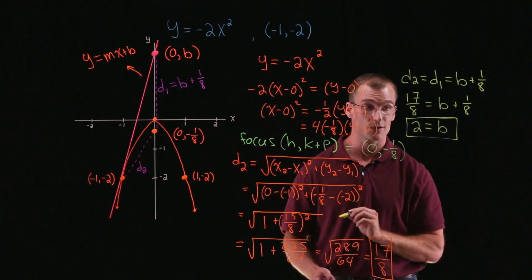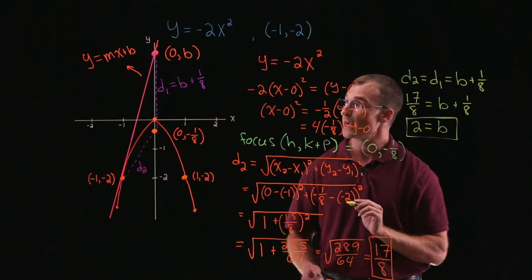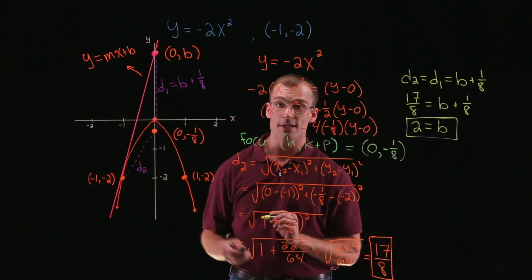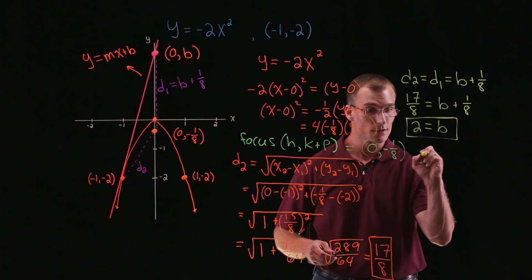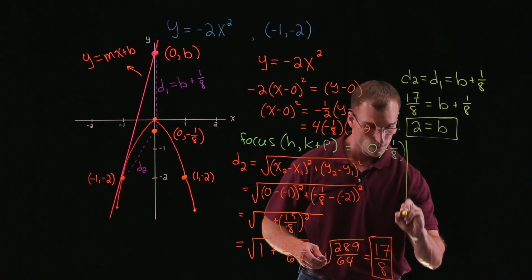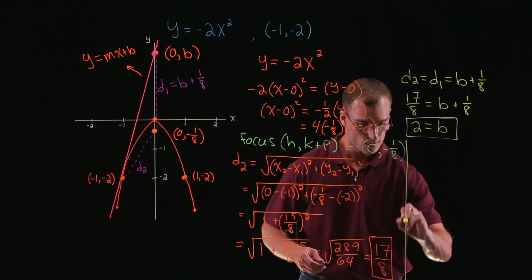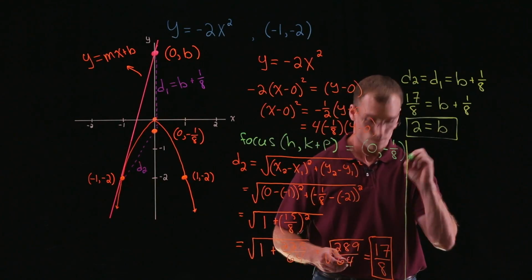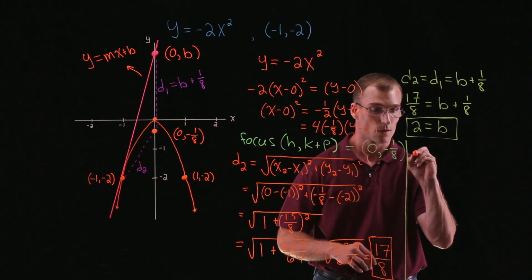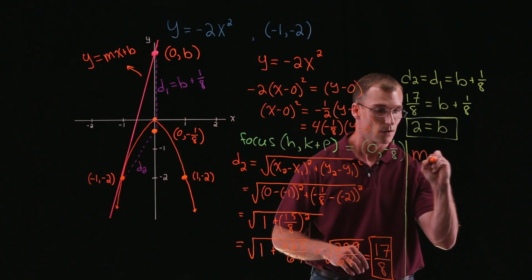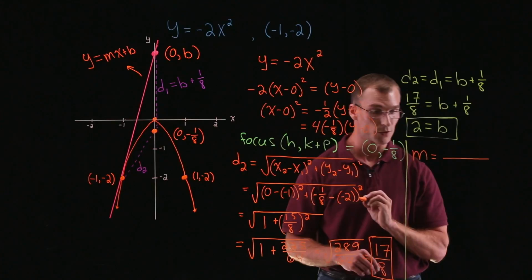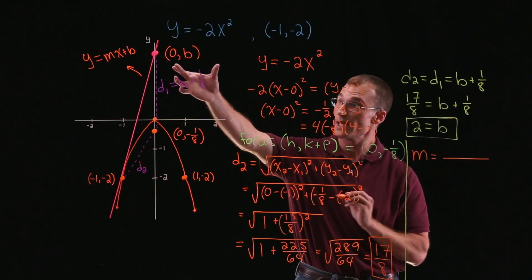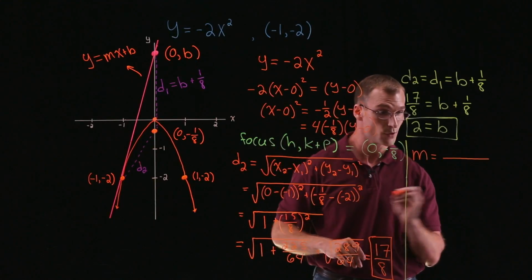Okay, now we're almost there. Like we said, we have our equation, y equals mx plus b. We have our b, now we just need our m. And the m, the slope, let's see here, is just subtracting the y values of the 2 points. So we'll take our intercept point 0, b, or 0, 2, as our y2.